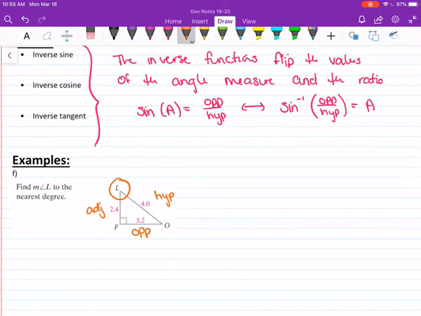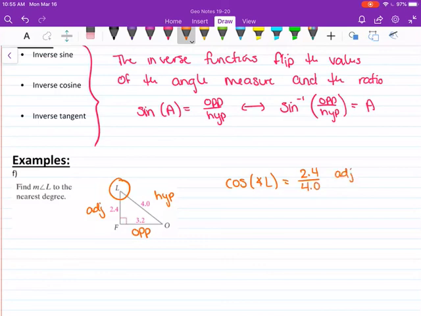Okay, I can use any trig ratio I want. Let me pick cosine because we haven't used cosine in a while. So the cosine of angle L is going to equal the adjacent over hypotenuse. So the adjacent side is 2.4 and the hypotenuse is 4.0.